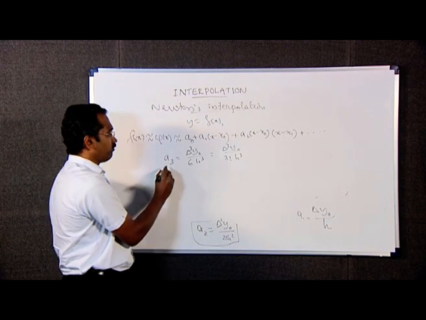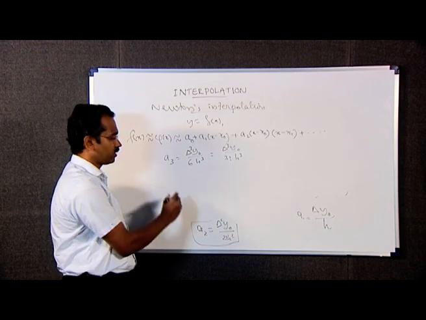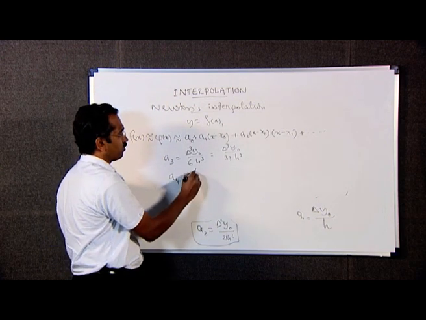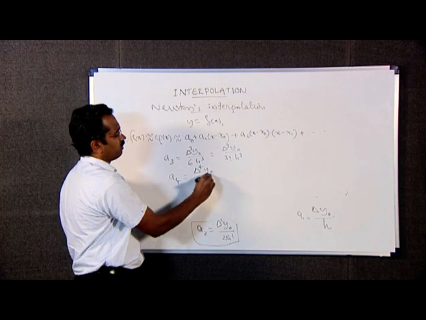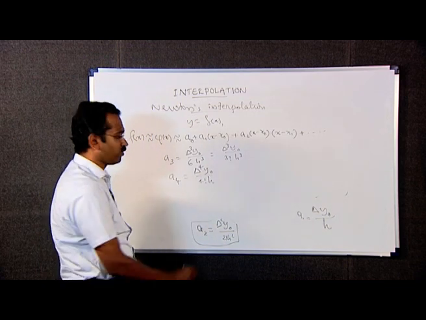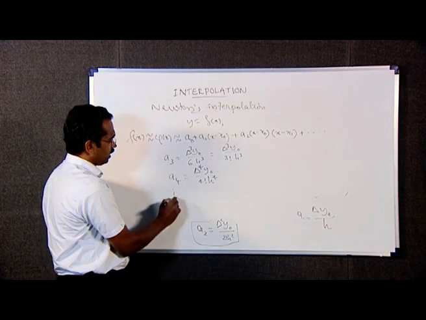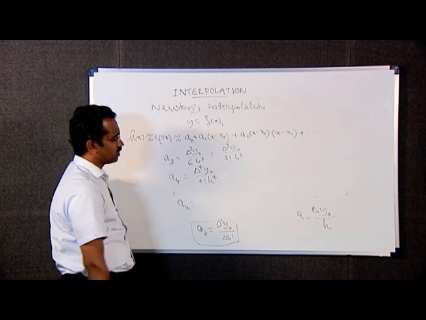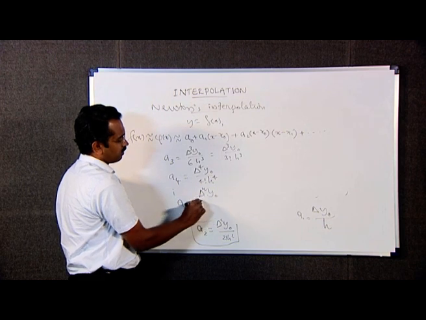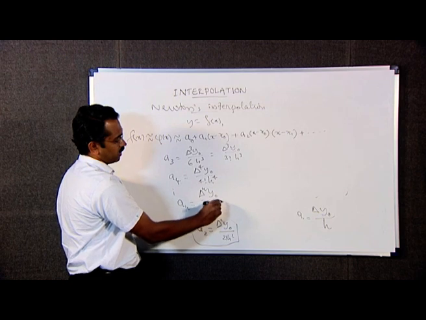And if we put x equal to x4, we will get a4 as a4 is equal to delta raised to 4 y naught divided by 4 factorial into h raised to 4 and so on. In general, we will get an as an is equal to delta raised to n y naught divided by n factorial into h raised to n.